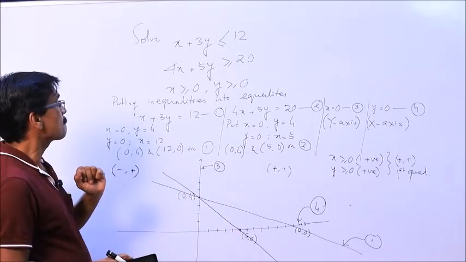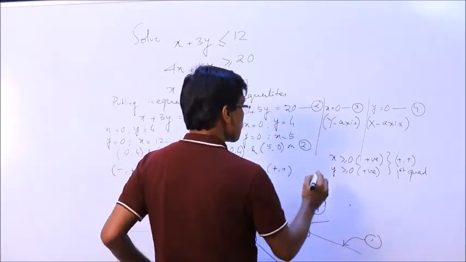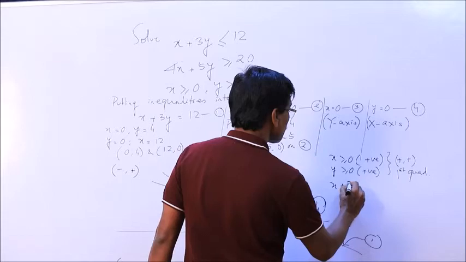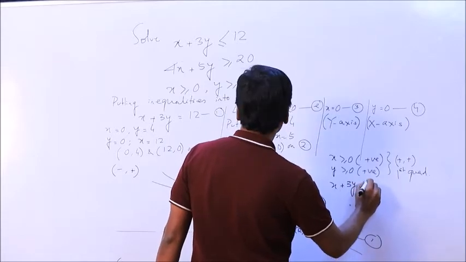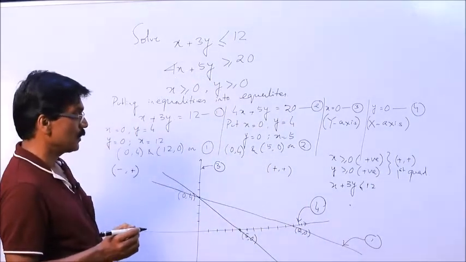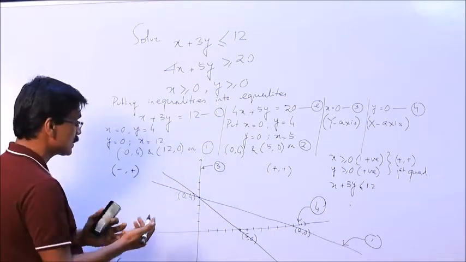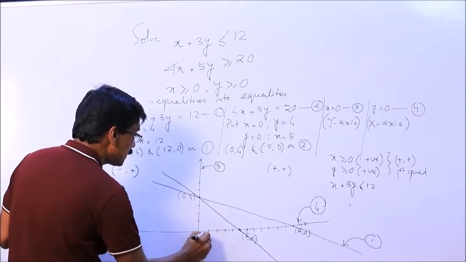Now, for this inequality, x plus 3y less than or equal to 12, we can again choose a reference point which is not on the line, that is 0, 0.